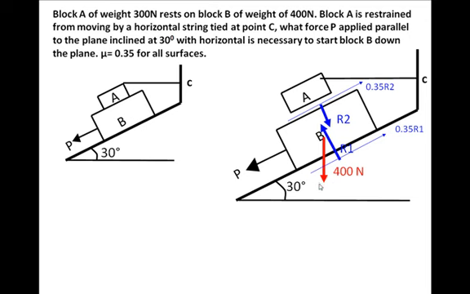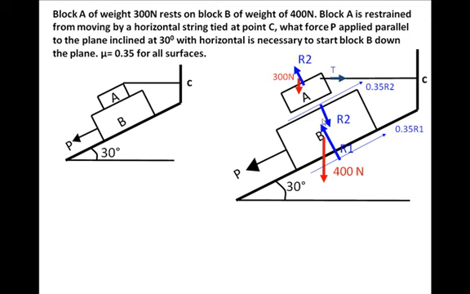Weight is always downwards, and friction will be at the surface, and it will oppose the tendency of motion, which is downwards in the direction of B. So on both surfaces there is opposition, and the frictional force is mu R. That's why mu is written here as 0.35 with the corresponding R's. So this completes the free body of B.